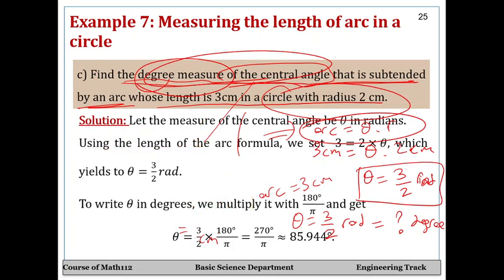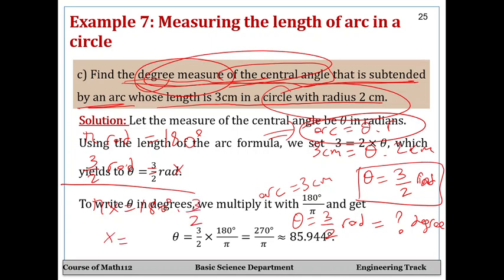You can use a direct proportion here, as I did earlier: pi radians is equal to 180 degrees. And what can we say about 3/2 radians? So you can say x, and then pi times x equals 180 times 3/2.